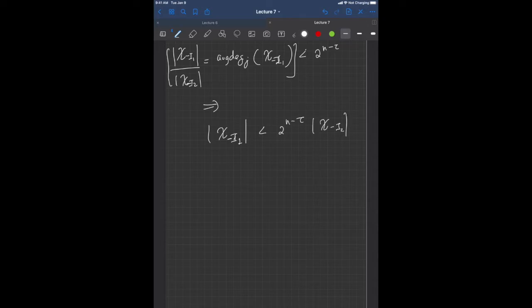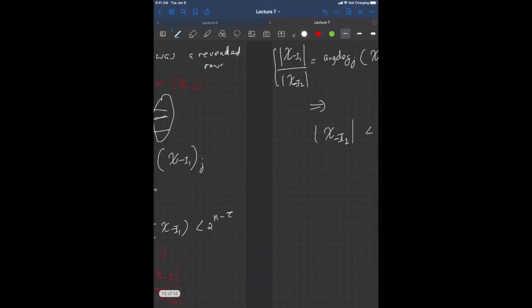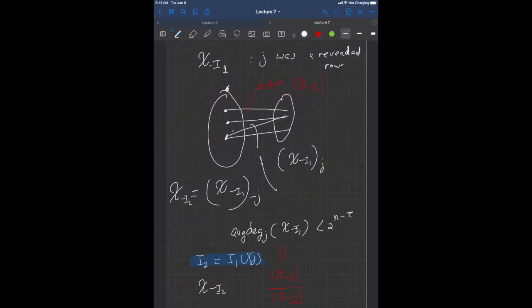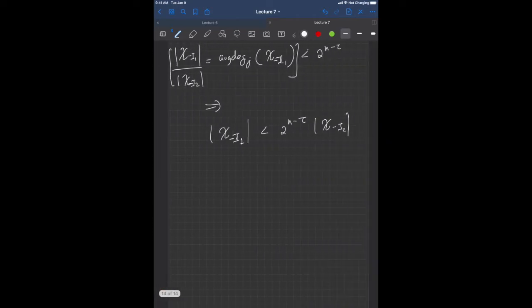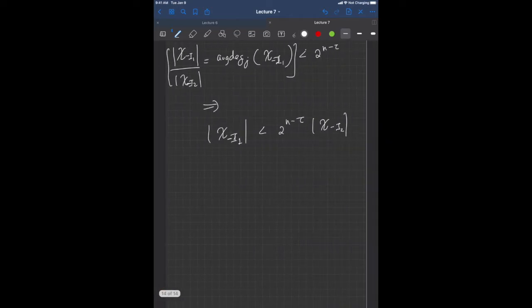This is also a simple fact to say, right? Every node here has degree at most, on average, 2 to the n minus tau. So the total number of edges cannot be more than the left side times the average degree. So the number of edges is just bounded by the average degree times the cardinality of the left side.